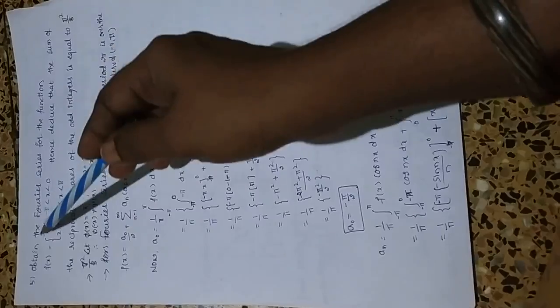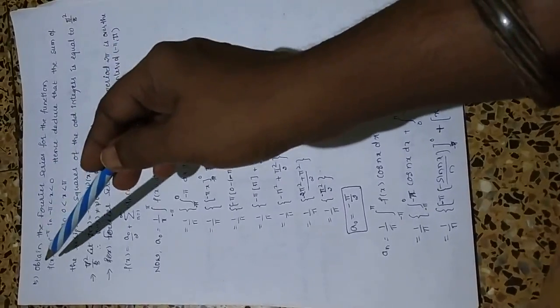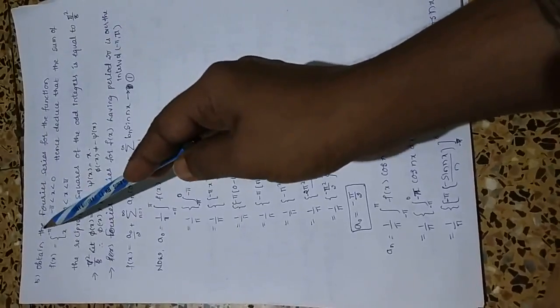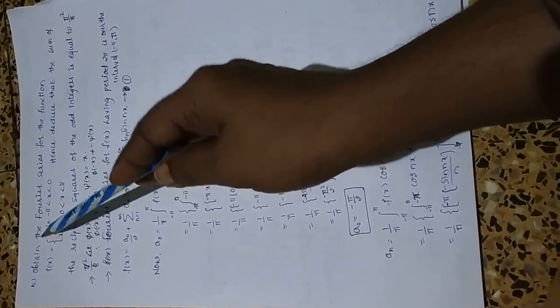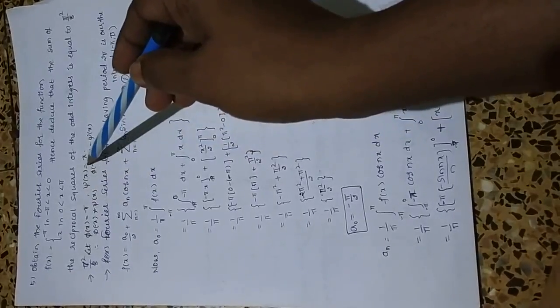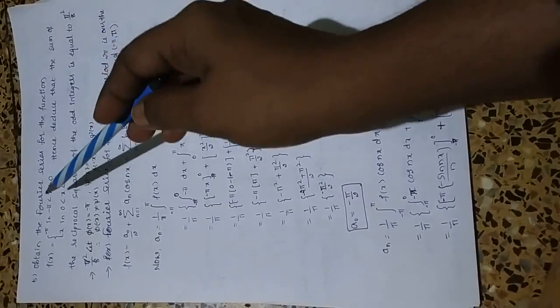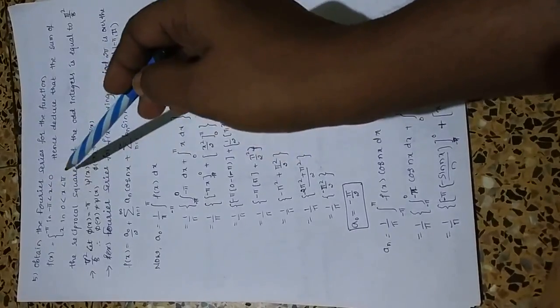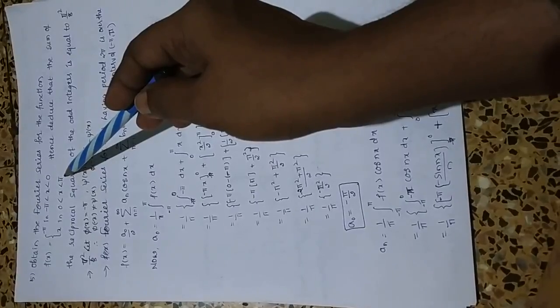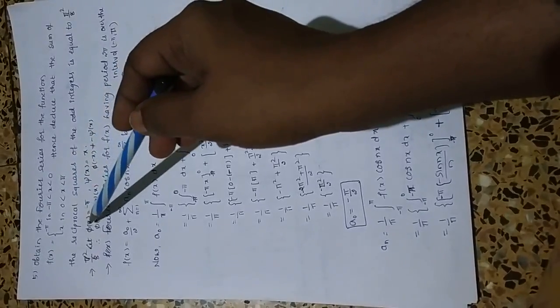Okay, to find the Fourier series for the function, we need to check the even and odd nature of the given function. Let us consider this function phi of x equals minus pi, psi of x equals x. Since the interval is minus pi to pi, we need to check the even and odd nature of the given function by substituting x equals minus x.